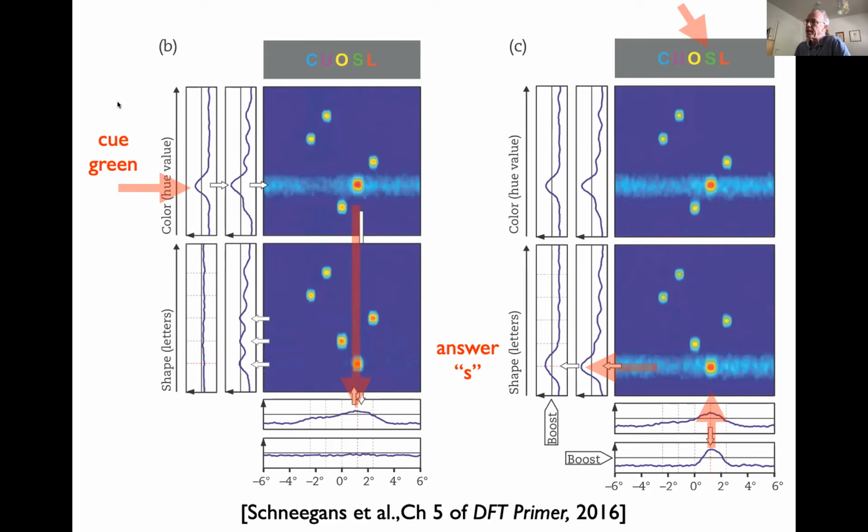And so let's say you're supposed to tell people which letter has green color. And the answer is going to be S, right? So what you have is a neural representation that's driven by these two feature dimensions, in which you know where each letter is, and you know which color it has.